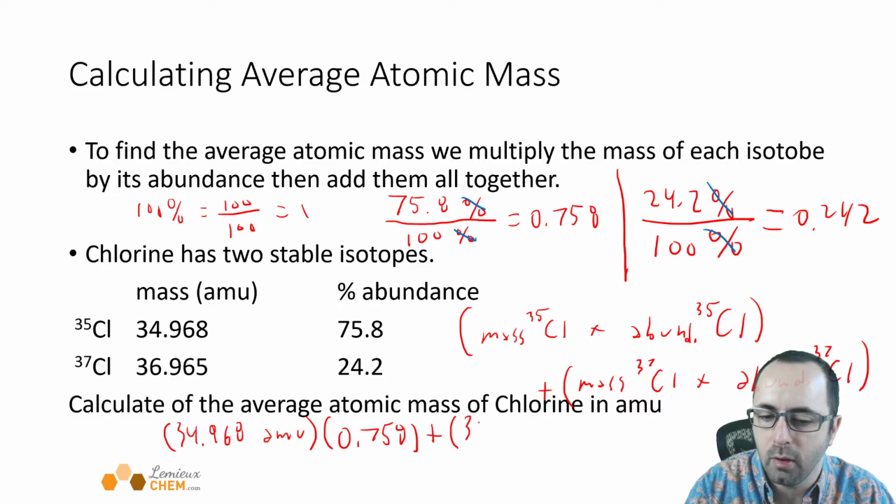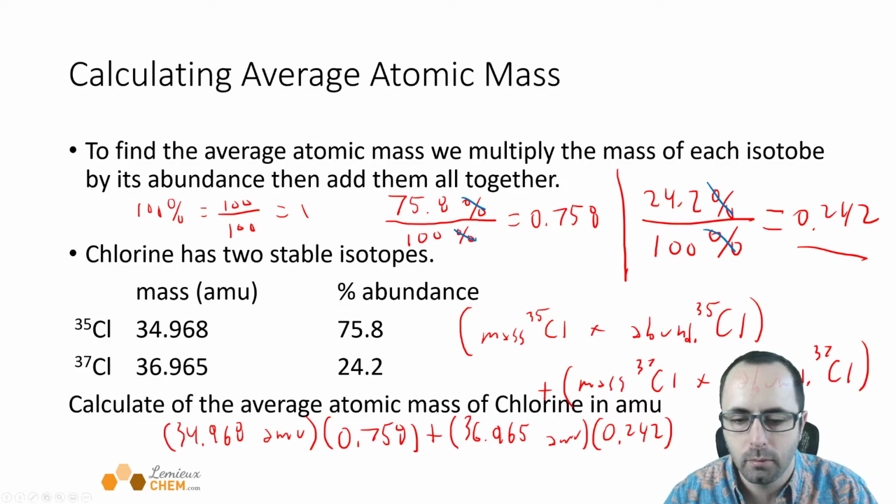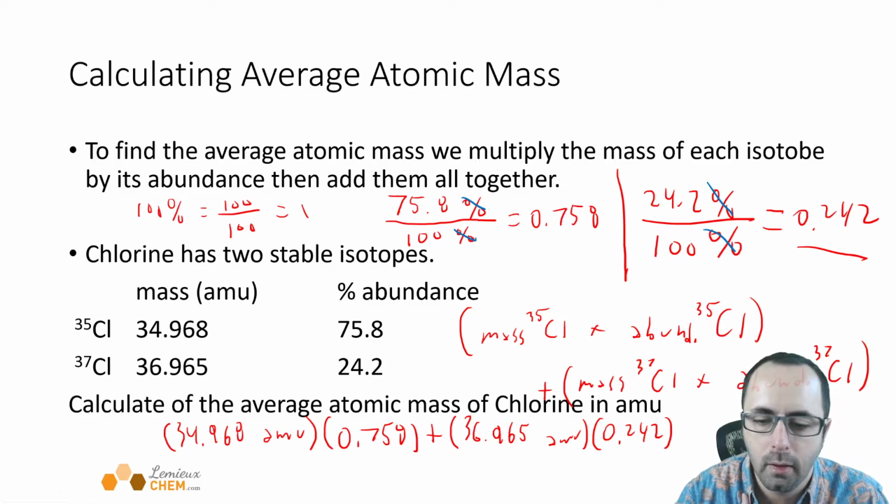Then we're going to do 36.965 AMUs times its abundance, which is 0.242. Okay. And so that's what I'm going to have on the next slide.